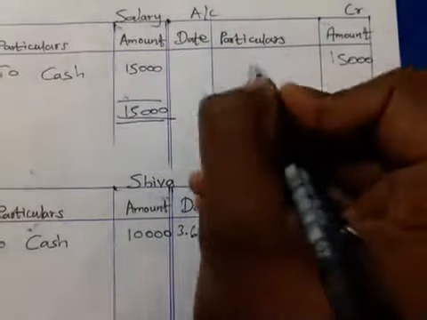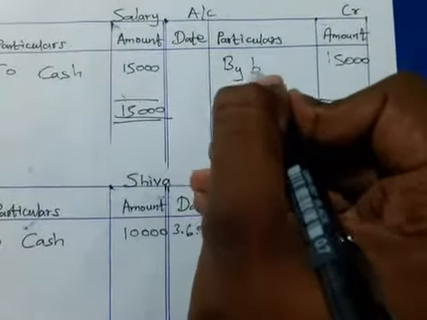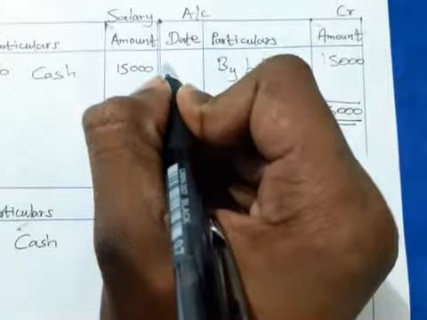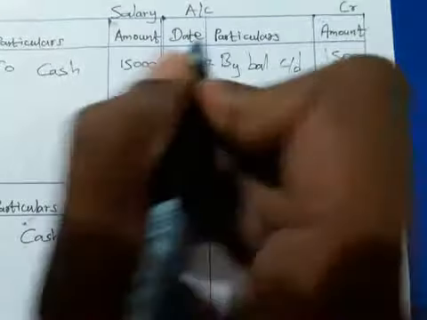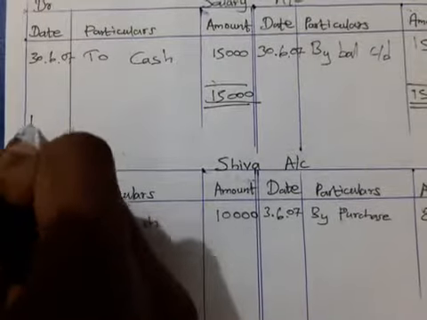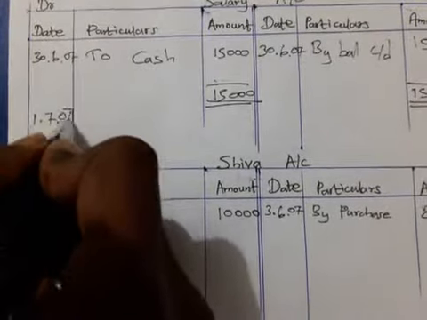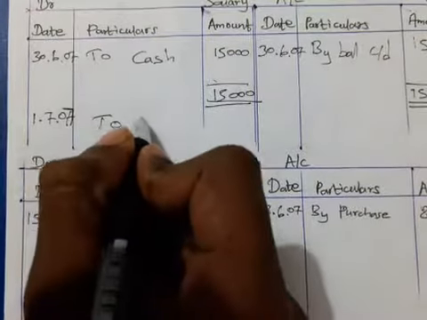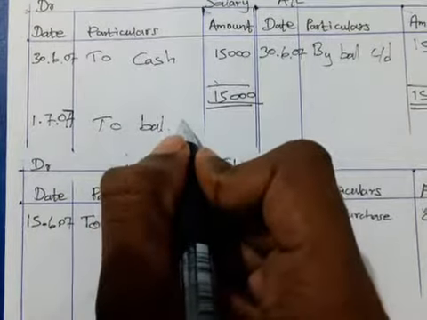The balance carried down, 30, 2007, to the next financial year. First 7, 2007. Balance brought down.